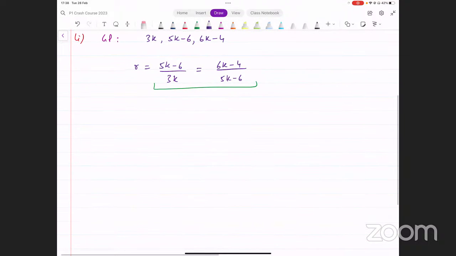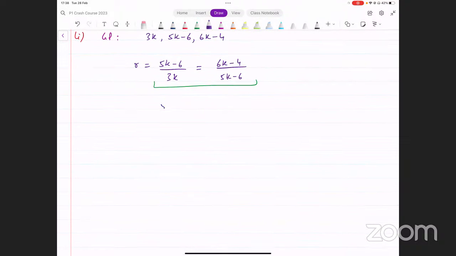Now, this is an equation that you're getting. Just cross multiply. You get 5K minus 6 whole squared. On the other side, you have 3K into 6K minus 4. Let's simplify this. On the left side, we have A minus B whole square, which is A square, that's 25K square, minus 2 into 5K into 6, that is going to give us 60K, plus 6 squared, which is 36.